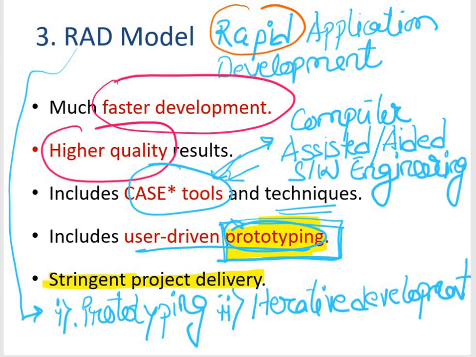So we have two things: we have prototyping and we have iterative development with no specific planning involved, and that's why we go ahead with this in a rapid mode.